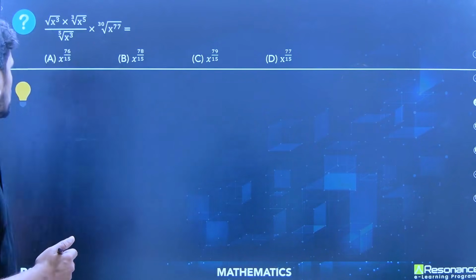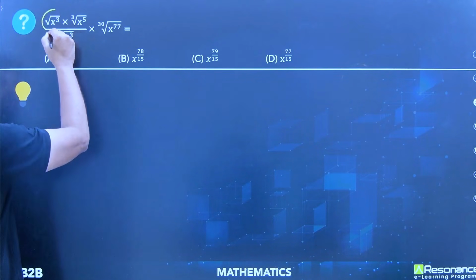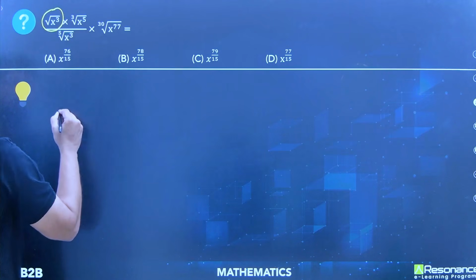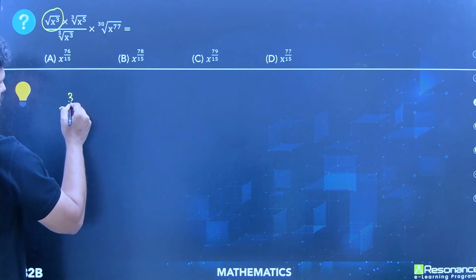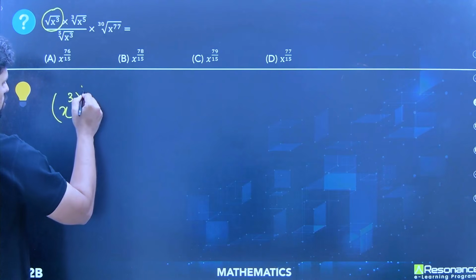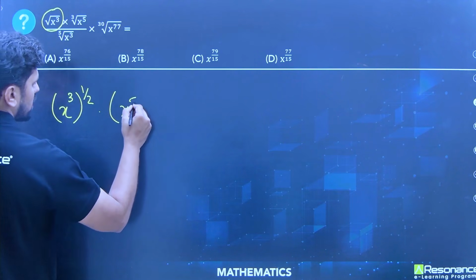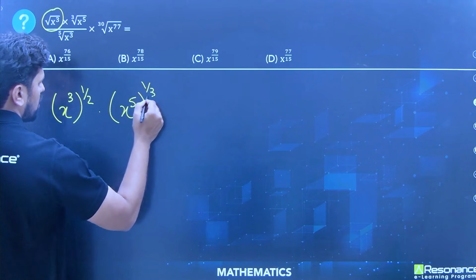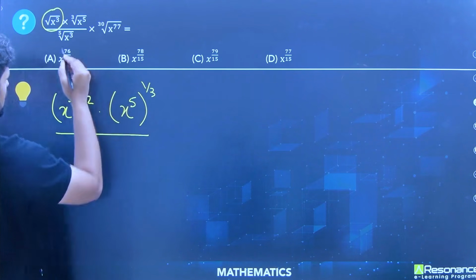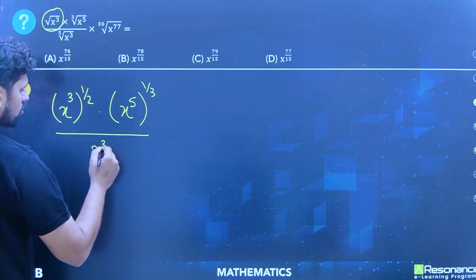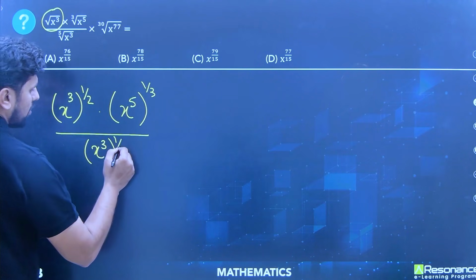Okay. So see here, it's x to the power 3 root. That will become x to the power 3 whole to the power 1 by 2. This is cube root. So x to the power 5 whole to the power 1 by 3. Here again x cube whole to the power 1 by 5.